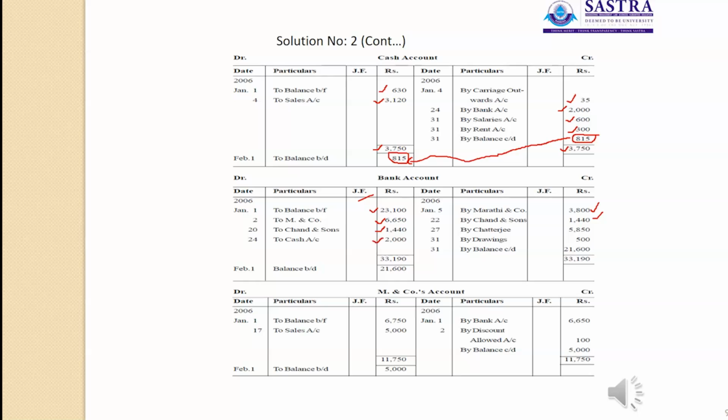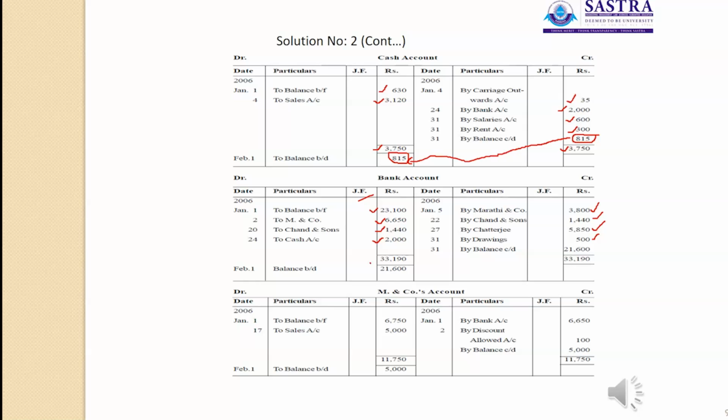Amount deposited into bank in the month of January, bank account debit to cash account rupees 2,000. Then the amount paid to Chatterjee account 5,850 in the month of January 27. Then amount withdrawn for personal use, January 31st, by drawings account 500.